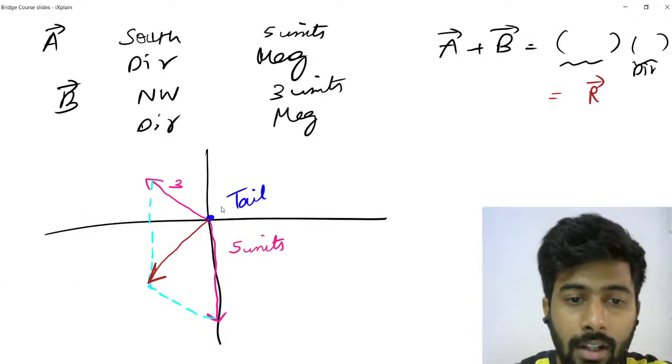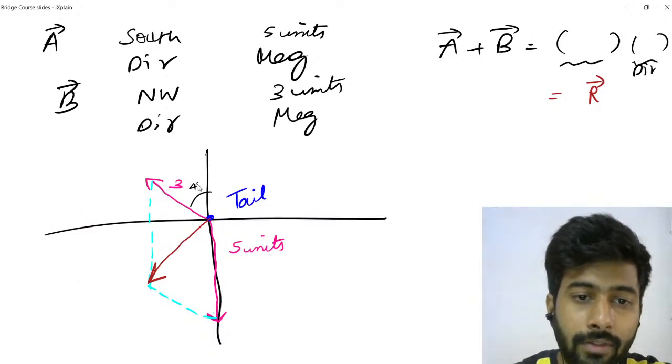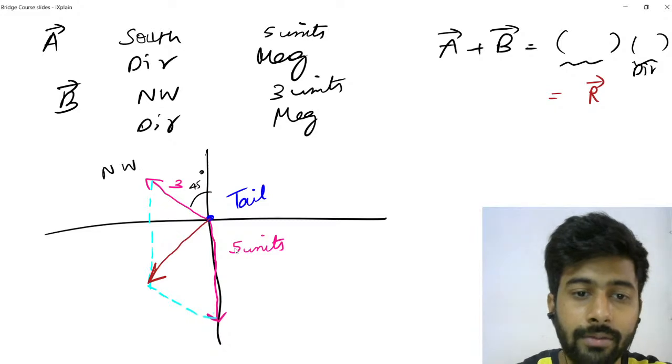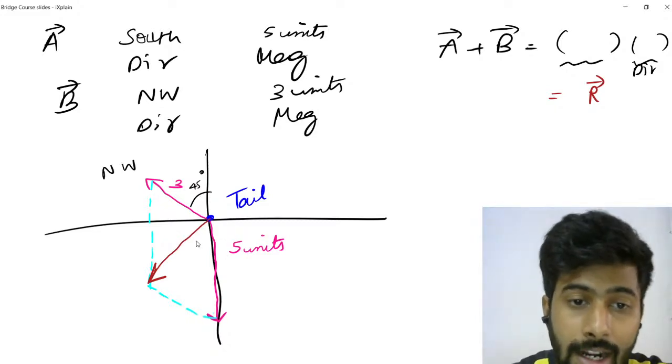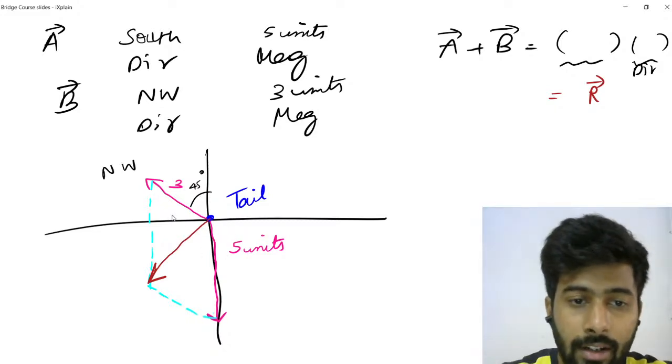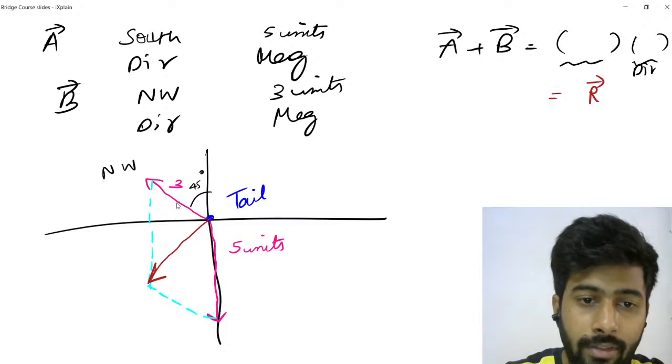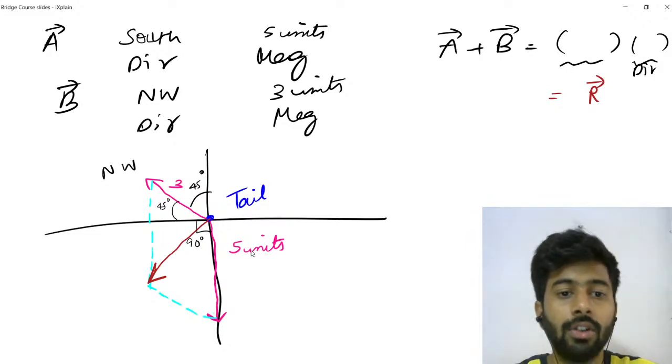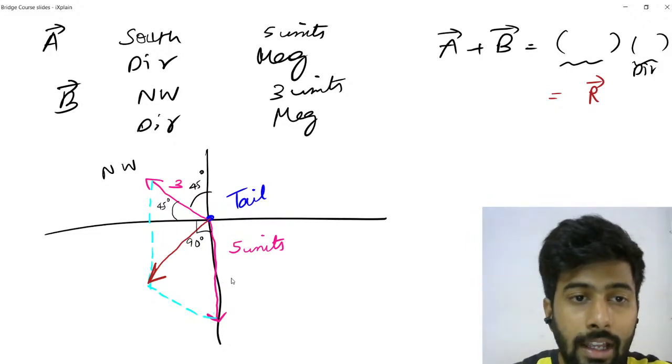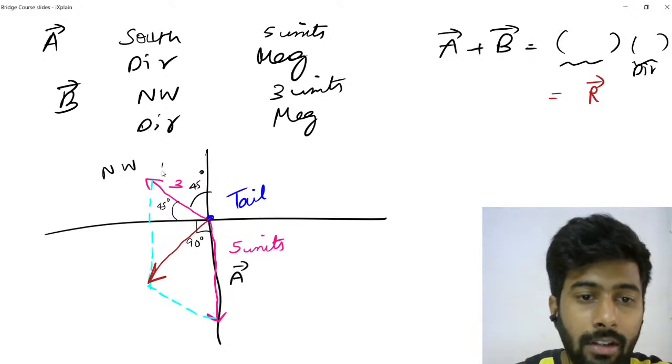Let's look at that. So this is going to be 45 because this is northwest. If that is 45, then this is going to be 45 and this is 90. So what is the angle between A and B?